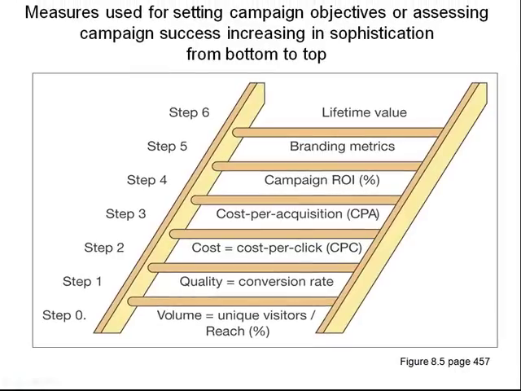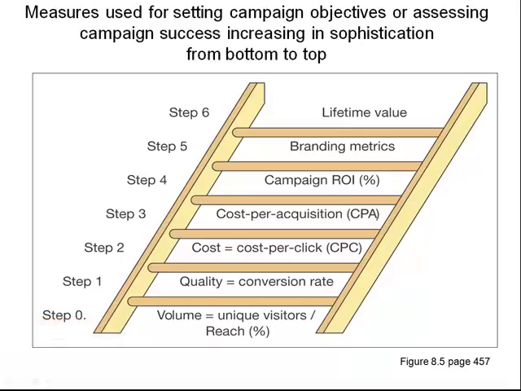So when you think about measuring or setting campaign objectives, there are several steps that you can take in considering your success. And the steps start from very basic, in this instance they call it step 0, to very sophisticated measurement. So if you think about how many customers am I reaching, that would be a percentage.